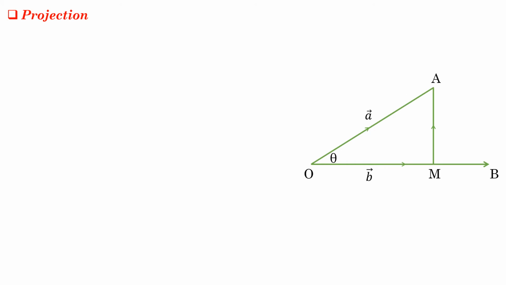If you have two vectors, OA bar, that is taken as A bar vector, a non-zero vector. Similarly, OB bar, this vector is taken as B bar, and both of them are non-zero vectors, and we have the angle between these two vectors as theta.